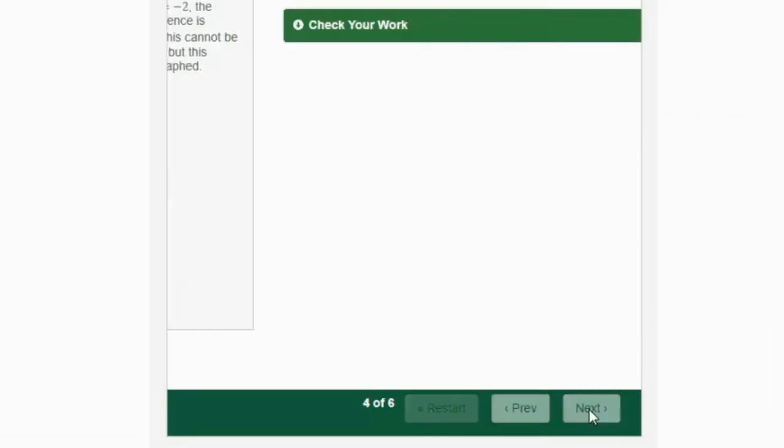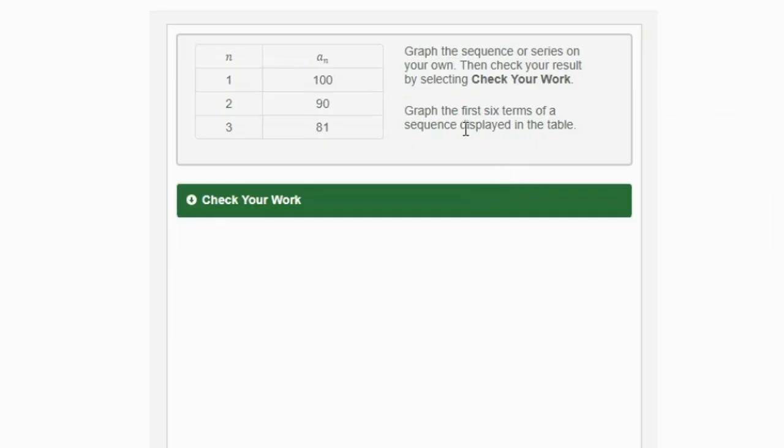Mm-hmm. All right. And then they have first term's 100, second term's 90, third term's 81. That is not arithmetic because it subtracts 10, then it subtracts 9. So it looks like this is multiplying by 90%.